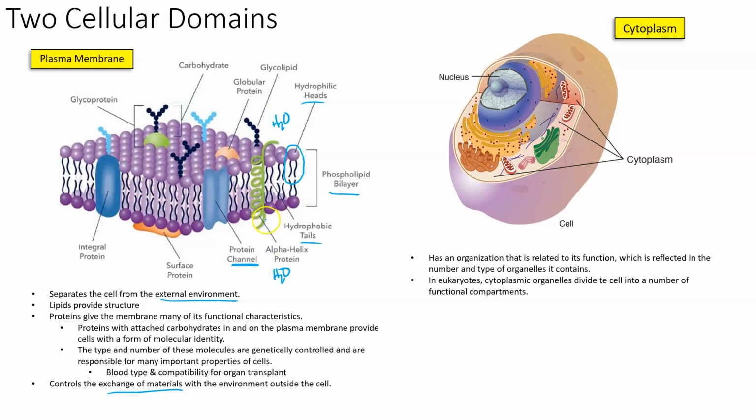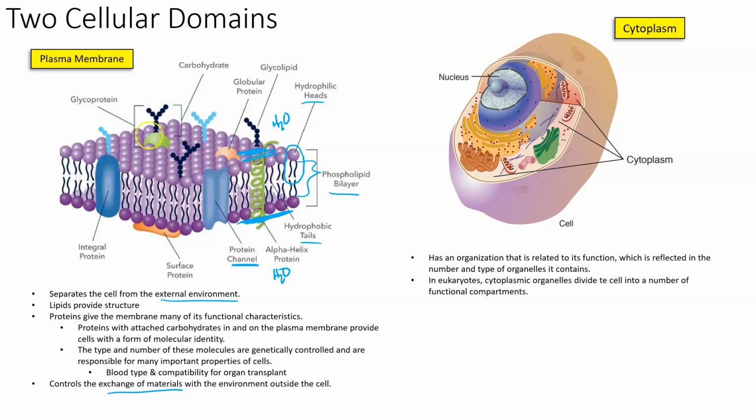So water is going to interact with the heads on the inside of the membrane, and the water is going to interact with the heads on the outside of the membrane. Again, as we said in our last video, this creates a zone of hydrophobicity, which is one of the most important parts about the cell membrane because it eliminates the risk of certain polar molecules moving through the membrane when they shouldn't.